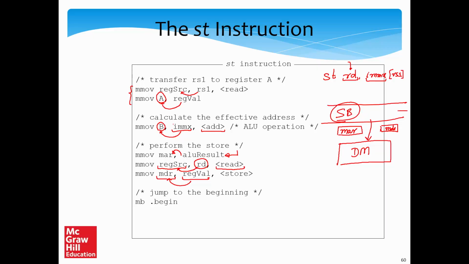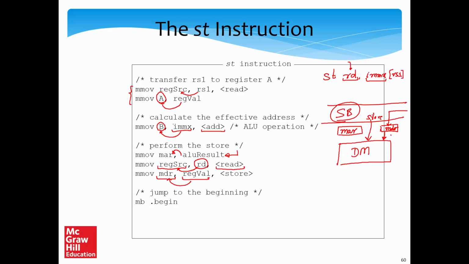So the value comes to the MDR register; this is the value that needs to be stored in the data memory. In parallel, whereas in the previous case we issued a load command, in this case we issue a store command, store to the data memory, DM.